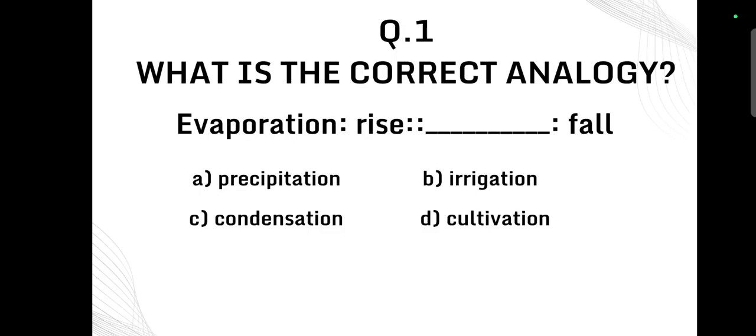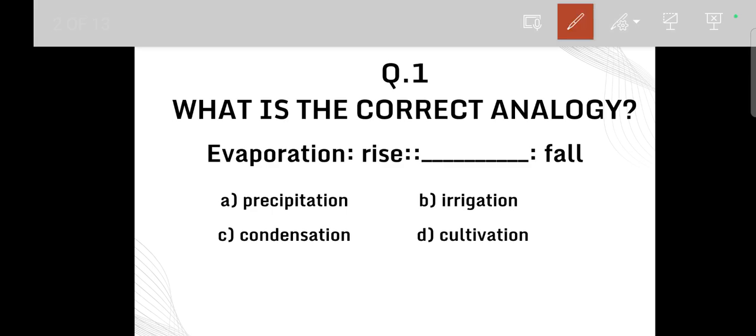You can see condensation in the morning on the glass windows of vehicles on the road, or even when you are taking a hot water shower, you can see condensed water on the mirror. So the correct answer is condensation, because in evaporation water rises due to increase in temperature, and during condensation the vapor in the air falls due to fall in temperature.